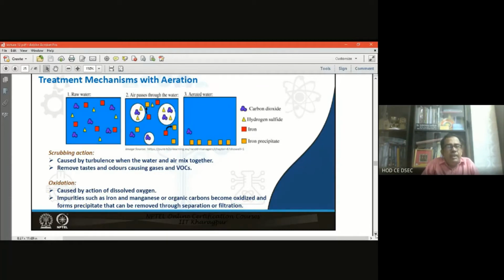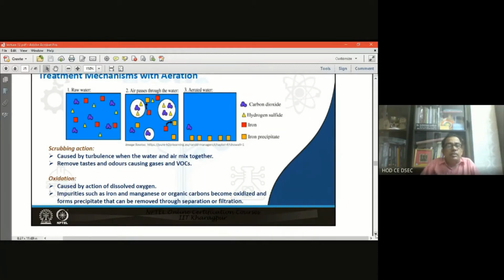And oxidation is caused by the action of dissolved oxygen, because when you are going for the aeration process, definitely oxidation due to dissolved oxygen takes place. So impurities such as iron and manganese or organic carbon become oxidized because you are adding aeration. In the presence of oxygen, these metals are oxidized and form precipitate that can be removed through separation or filtration.